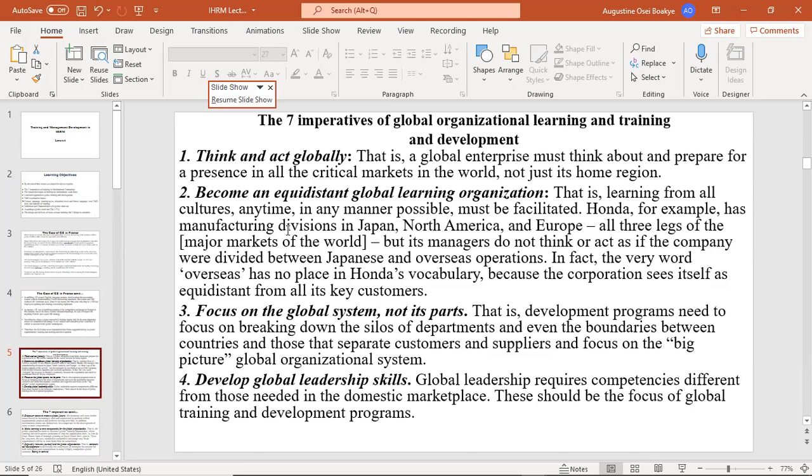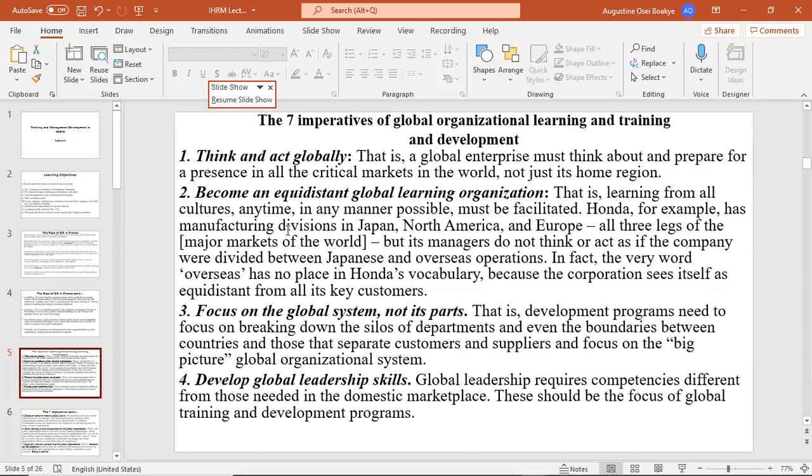Honda, for example, has a manufacturing division in Japan, North America, and Europe, so 3 places. All the 3 legs of the major markets of the world. But its managers do not think or act as if the company were divided between Japanese and overseas operations.